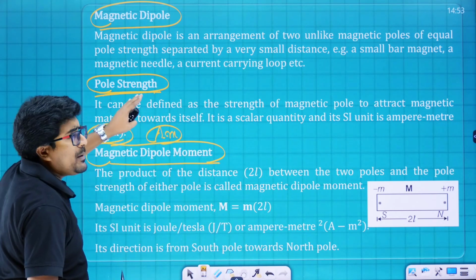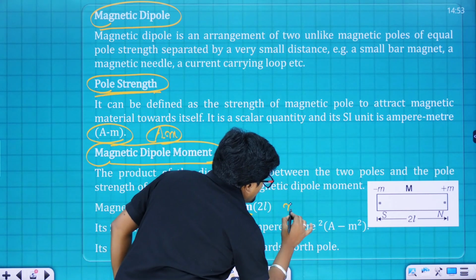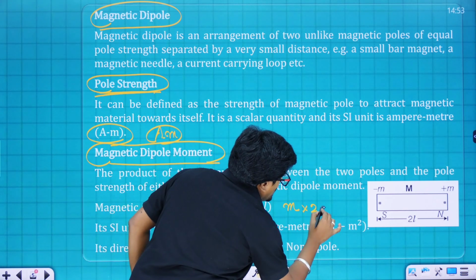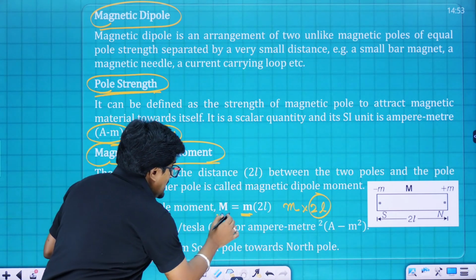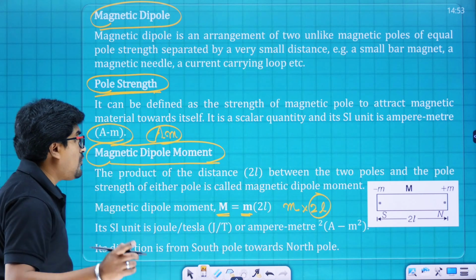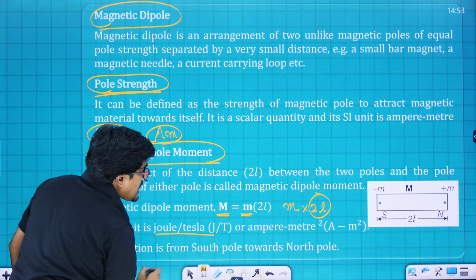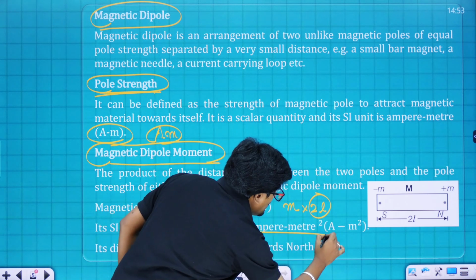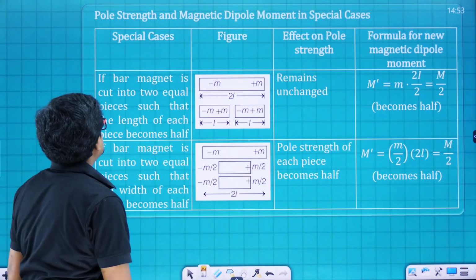So here, pole strength is marked as small letter m, multiplied by 2L, the distance of separation. So magnetic dipole moment, capital M, is pole strength multiplied by the distance of separation. Coming to the unit, it is joule per Tesla or ampere meter squared.